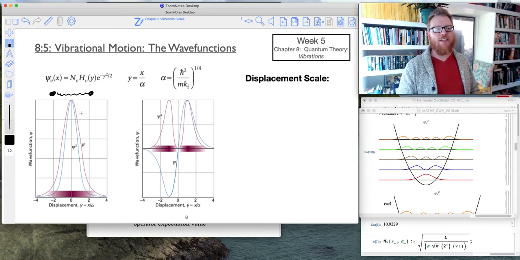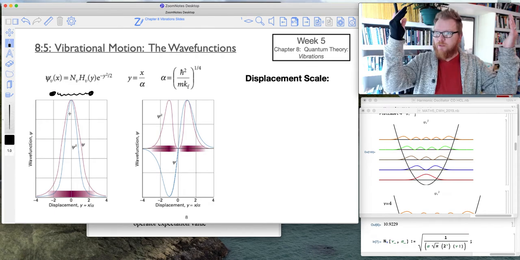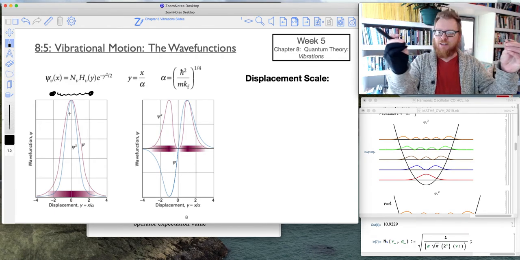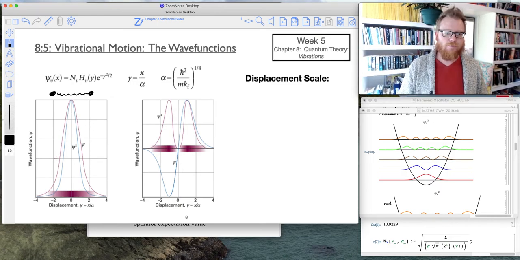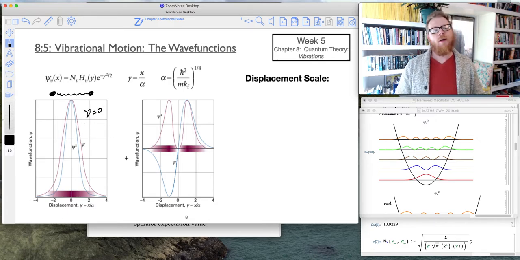And you can see from psi squared, the most likely place to find the particle is somewhere in the middle. And as it displaces, as it stretches out, we find less and less probability of finding it there.